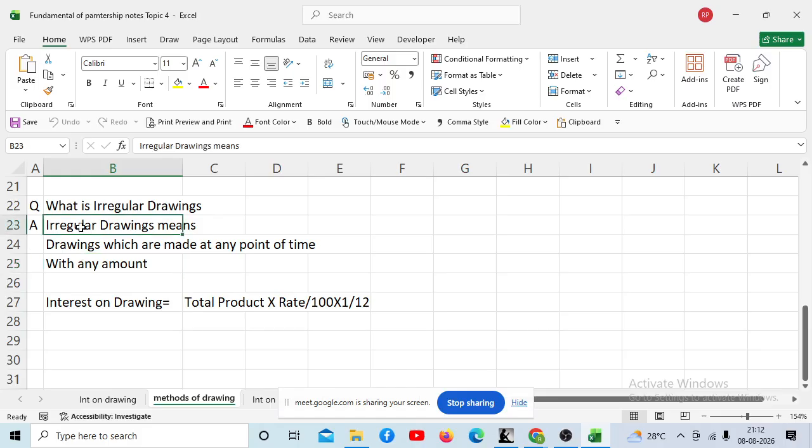So that is called irregular drawing, right? In that case, interest is calculated as total product into rate upon 100 into 1 upon 12. This is the formula for calculating interest on drawing in case of irregular drawings.